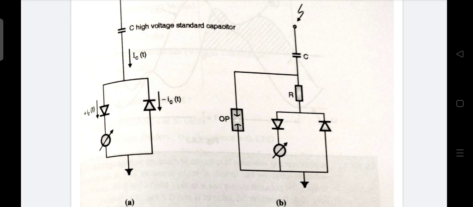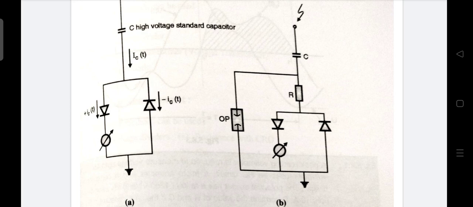The value of R2 must be chosen in such a way that the DC voltage drop across R2, which causes DC charging of C2, remains as small as possible. In this case, one must have R2 much less than Rm.